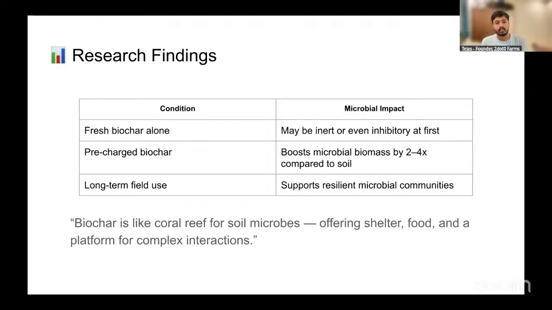So biochar is like a coral reef of soil microbes. These are the hotspots offering shelter, food, and a platform for complex interactions. We all know that coral reefs are places with so much diversity within our seas. So this is the equivalent of a coral reef in soil.